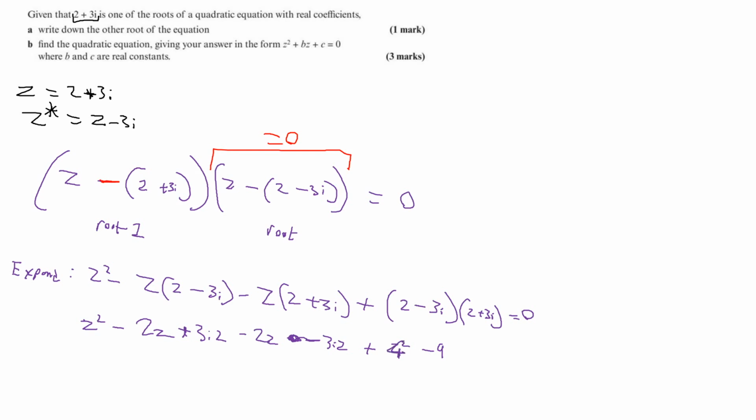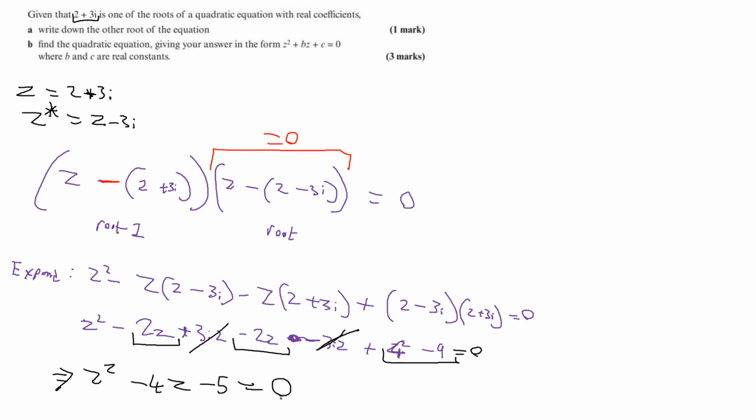Now what we can do is collect the like terms. The 3iz terms cancel out, and so what we're left with is z squared minus 4z plus 13. That's all equal to 0.